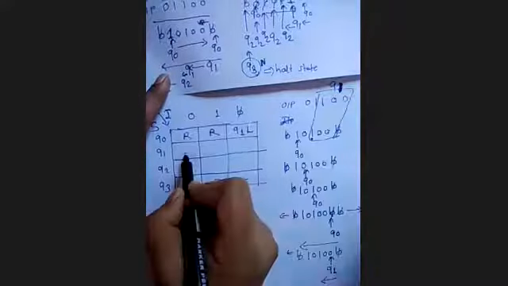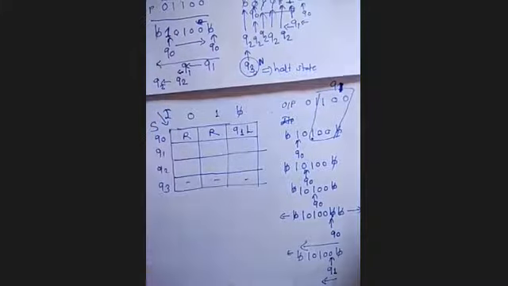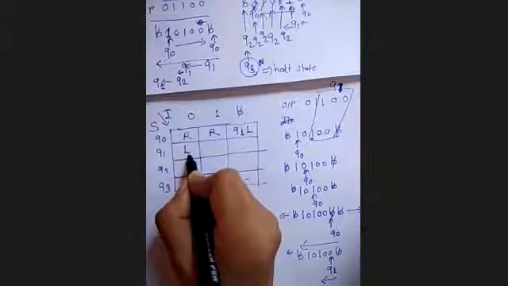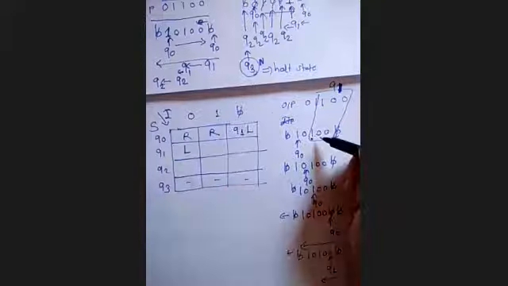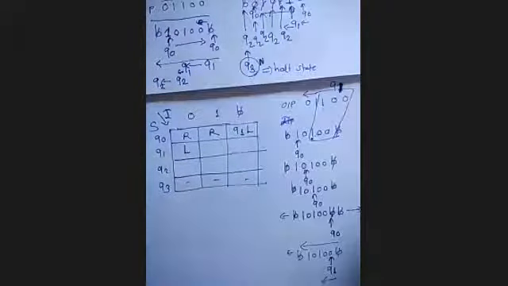Q1 on 0, what is my action then? We don't want to change the 0, we want to keep it as it is. Correct. So Q1 on 0 will just keep on moving to reach the first 1. Now when you reach the first 1, keep that first 1 as it is, but now your action is different.